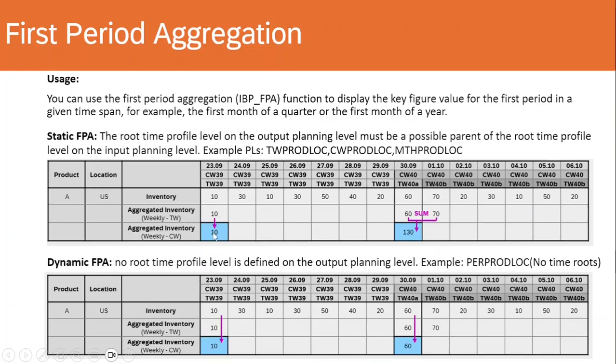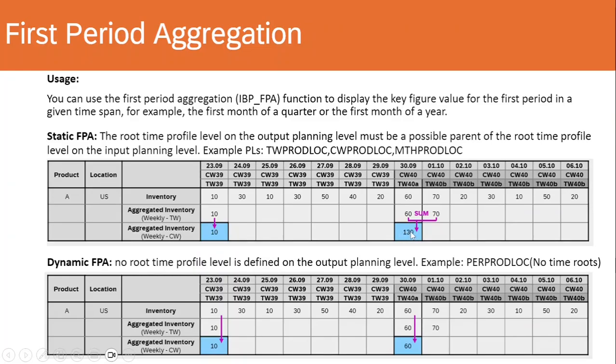That's a sum. Now, when you go to calendar week 40, it has two technical weeks, technical week 40A and technical week 40B. What would happen? The value at technical week 40A, which is 60, and the value at technical week 40B, which is 70, would be added up together and give us the sum value at the calendar week level. That's why we see 130 here.